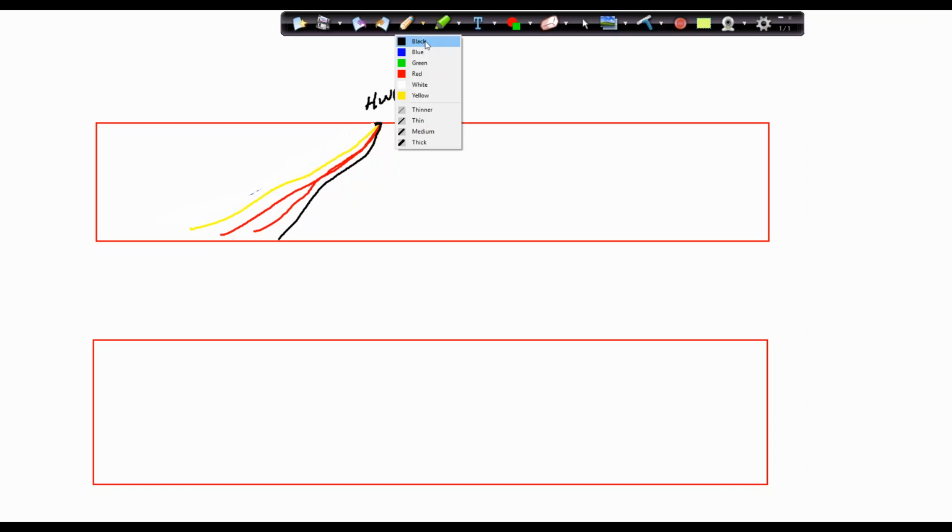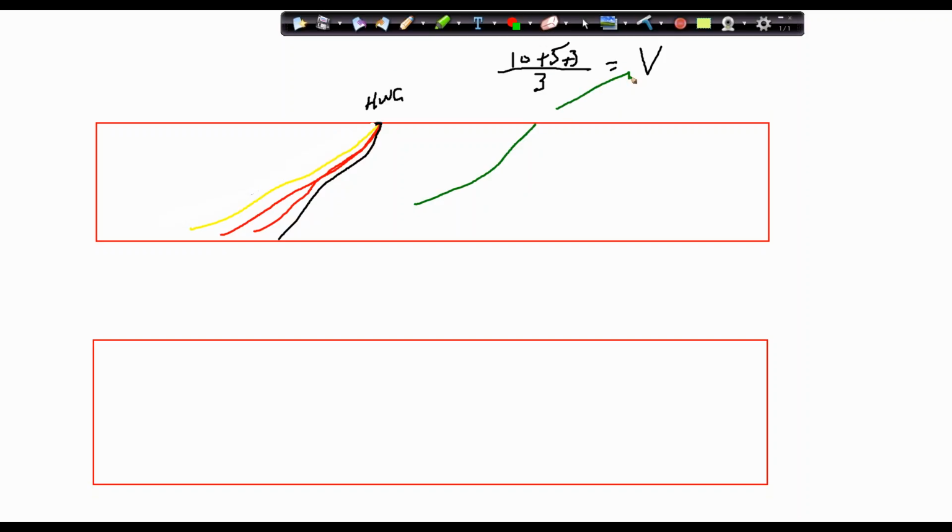So if I can combine the 10 and the 5 and the 3 and divide by 3, I get a value which says it's equal to the yellow, the purple, and the red. So now I can reduce that to one wave. I'm just going to color it green. That green wave equals this V, the value. It is the 10, the 5, and the 3.